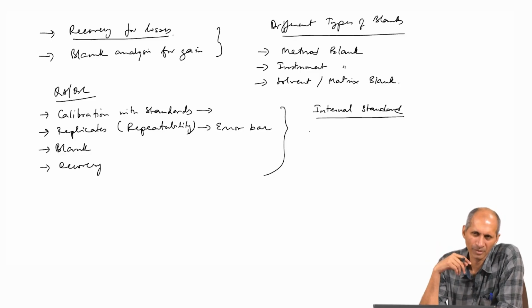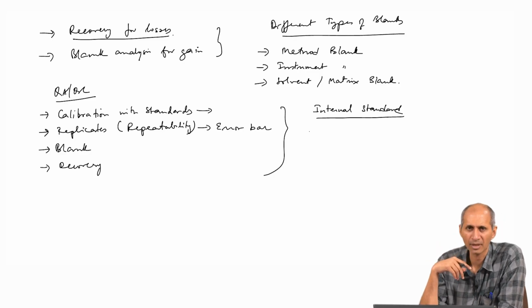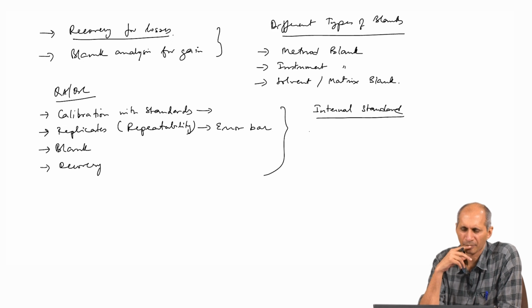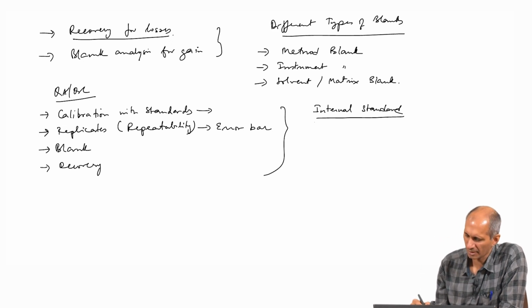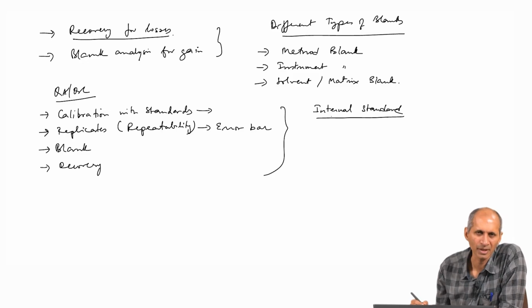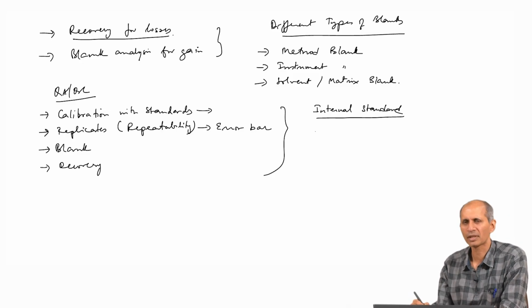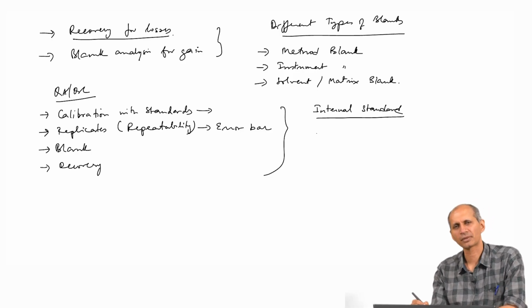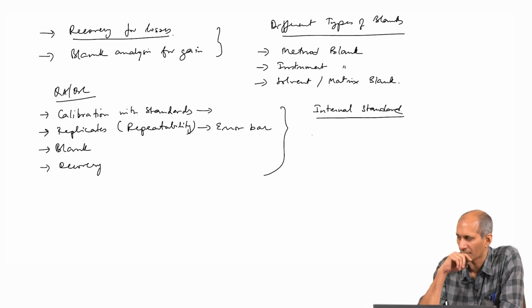This happens in a few instruments like the ICP-MS. We are not going to discuss it in detail, but just like the surrogate, we add one internal standard to every sample and track the ratio of the internal standard to the actual analyte, so that whatever loss is happening to the internal standard is applicable to the analyte of your interest also.